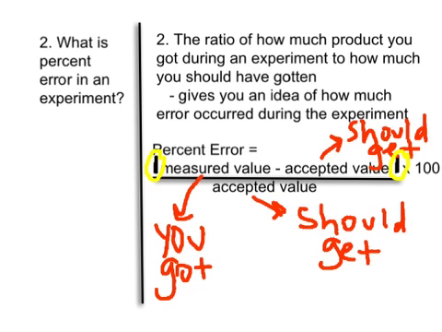And then once you've got that number, last but not least, multiply it by 100 to get the actual percent. So one more time, the measured value minus the accepted value, the absolute value of that. If it ends up being a negative number, ignore the negative. Then you divide that by the accepted value, times it by 100, and that's going to give your percent error.